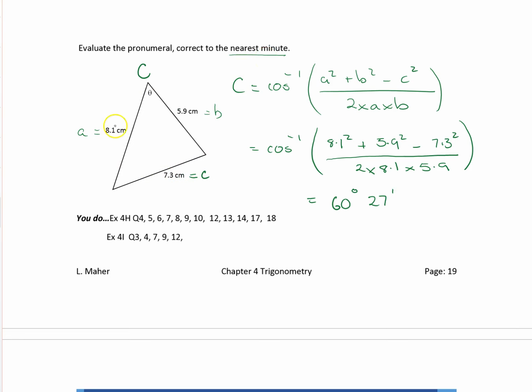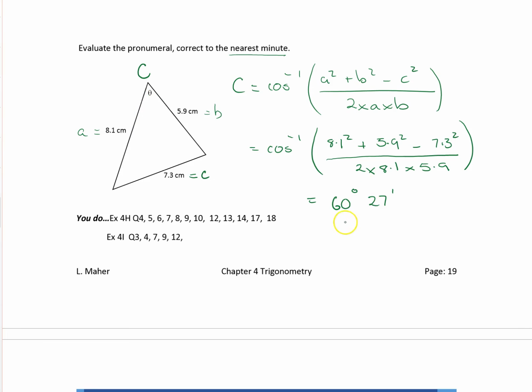Now, there is no issue with theta. It doesn't look obtuse here, and nor did it come up obtuse. You can't always be sure the diagrams are drawn to scale. There might be times when it's very inaccurate in its drawing, and theta could be obtuse without the diagram looking like it.